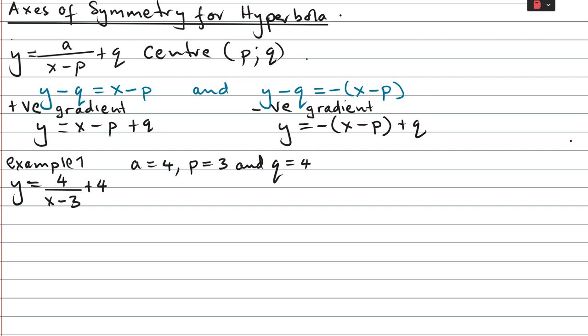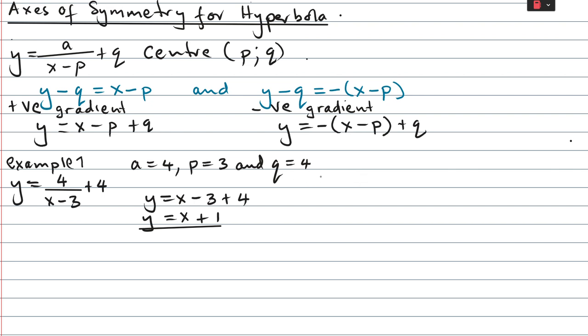For the positive gradient, we are going to have y equals x minus 3 plus 4, and this is going to be x plus 1. So this is the line of symmetry with the positive gradient. For the line of symmetry with a negative gradient, we substitute.